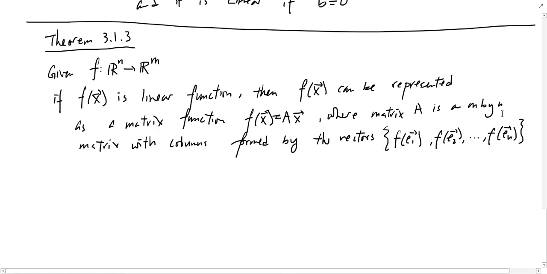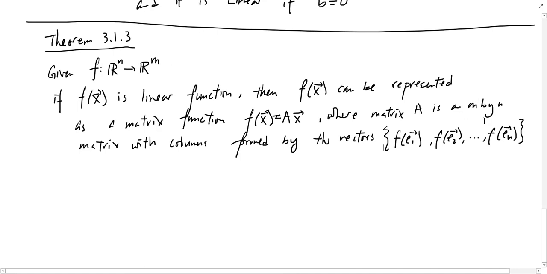It makes sense because in this equation, vector x has to be a vector in Rn, and therefore to multiply by A, you have to represent x as an n by 1 matrix, or basically represent it vertically.